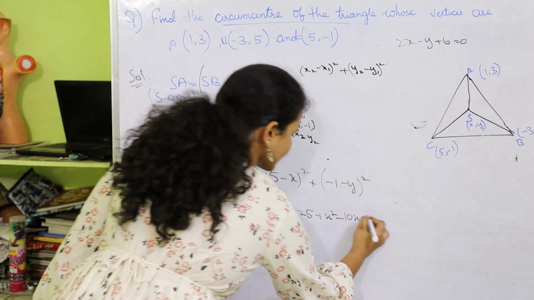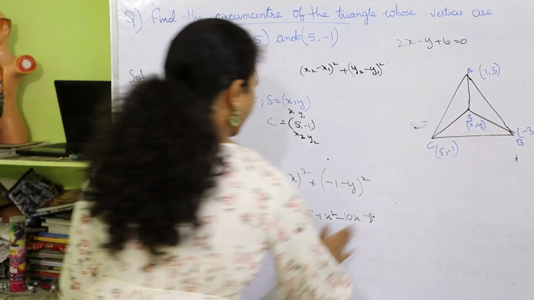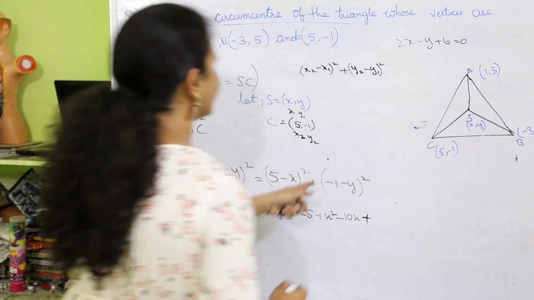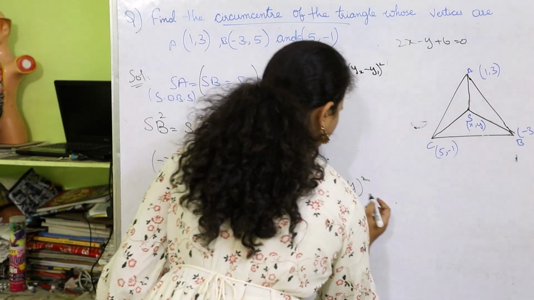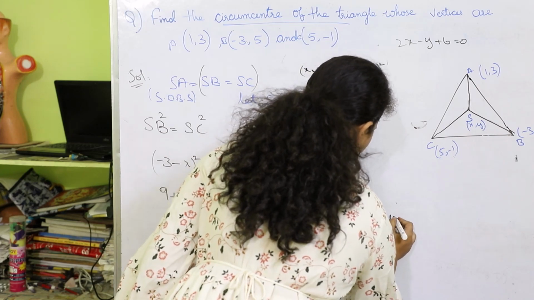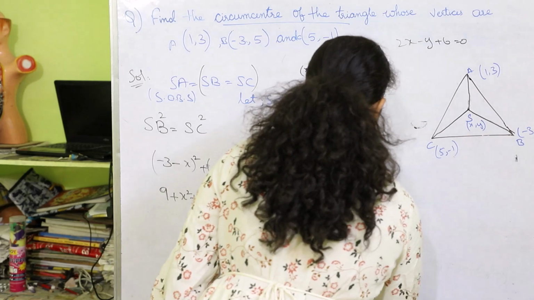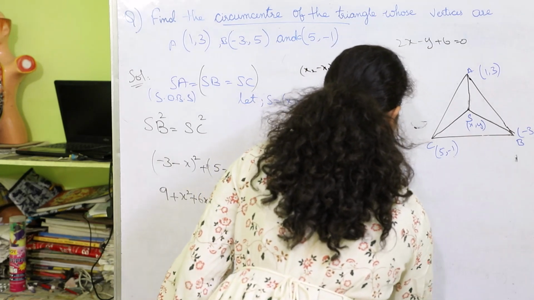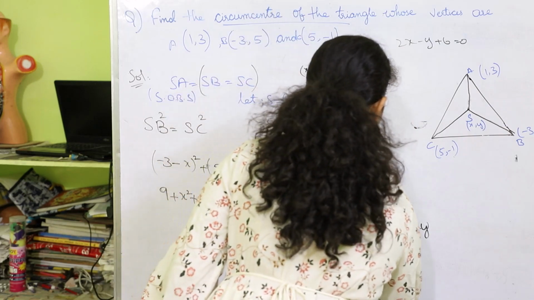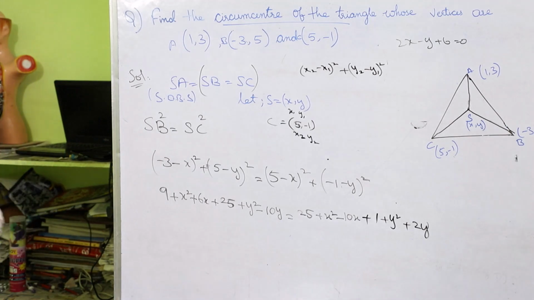So here again plus (minus 1 minus y) whole square. a square means 1 square, a square plus b square, this becomes y square, minus 2ab, I mean here this becomes plus 2y. Clear?